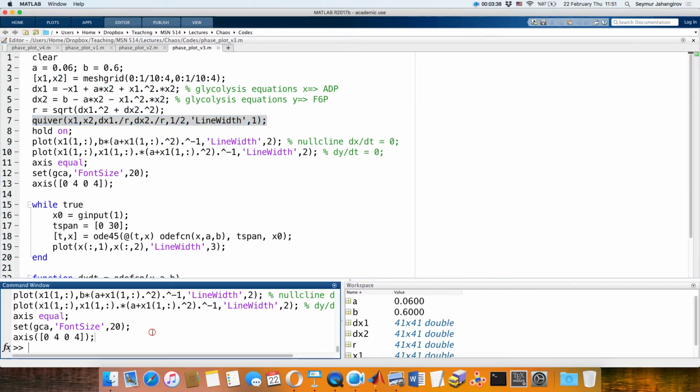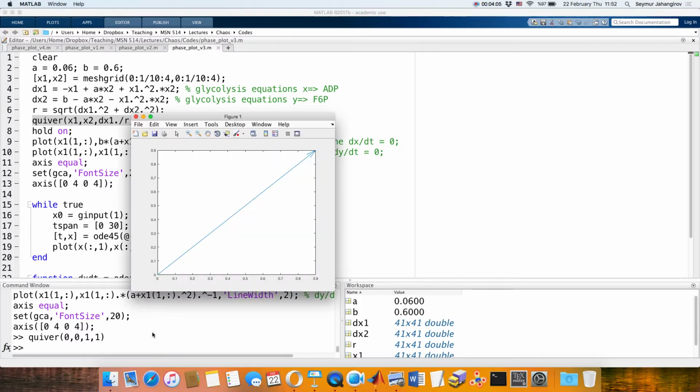Okay, let's do some examples. Quiver. Let's write 0, 0, 1, 1. Okay. What do you expect? Actually, this is wrong, right?